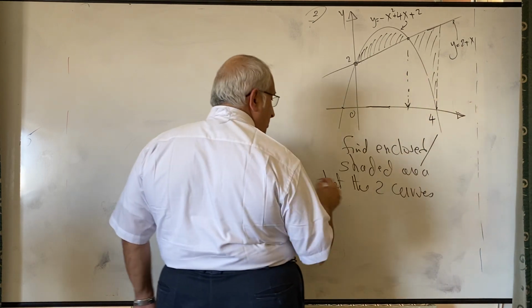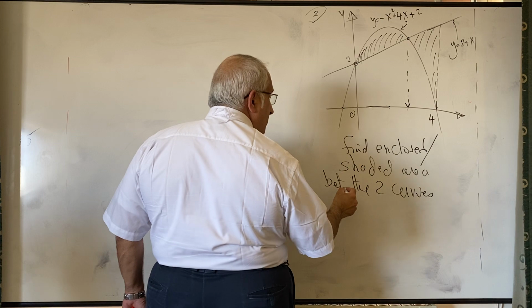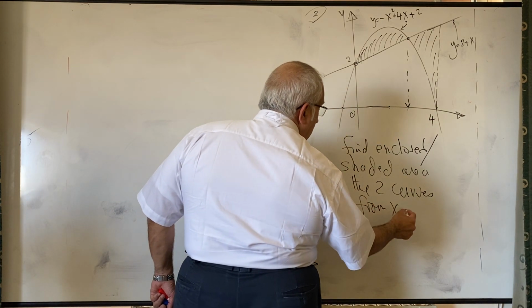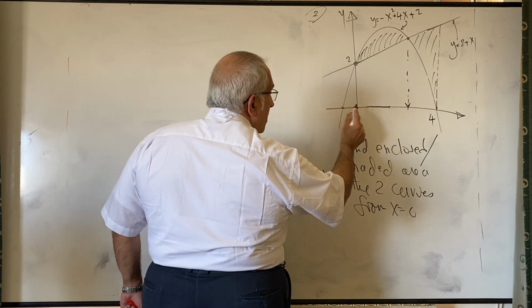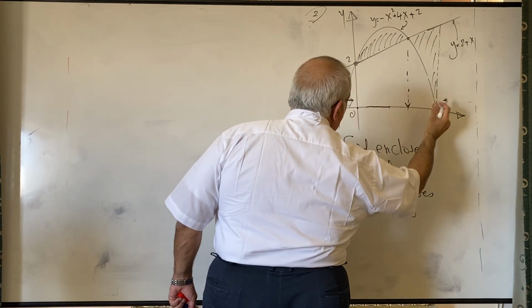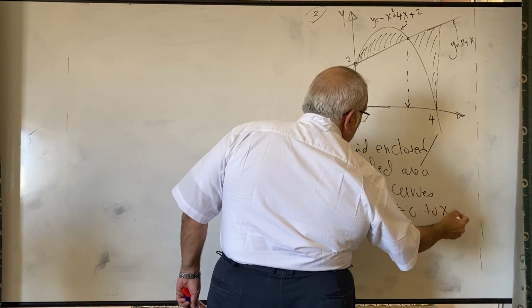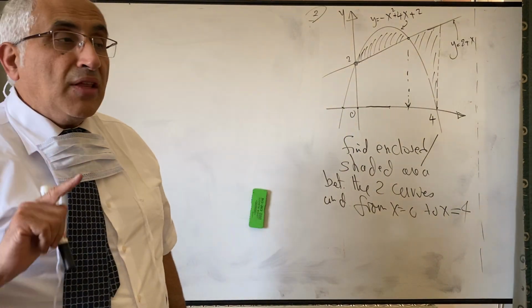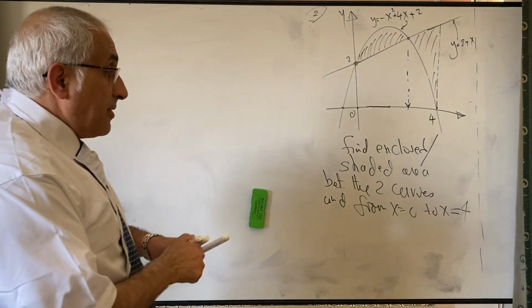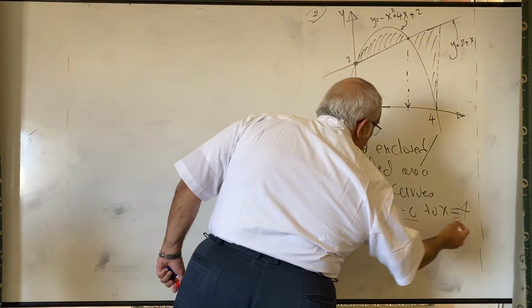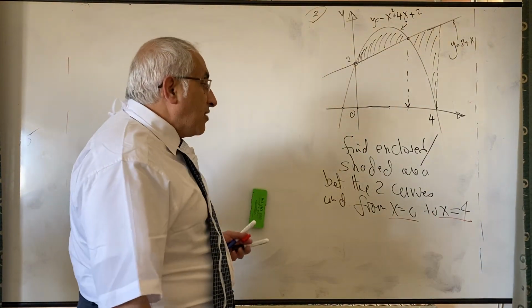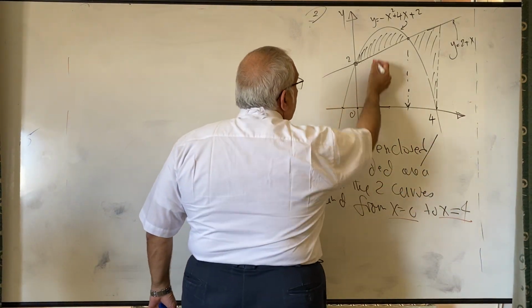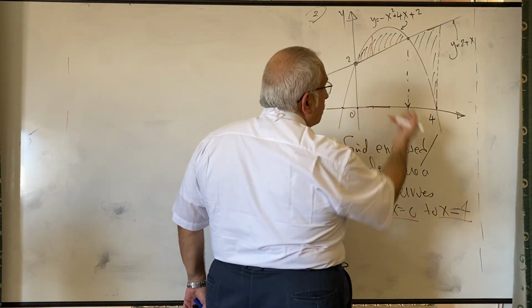I have their equations, from x equals 0 all the way until x equals 4. The game is to read the English properly, and to double check that the limits are clear. I could say until 2, I could say from 1, but I simply made it 2 separate areas.